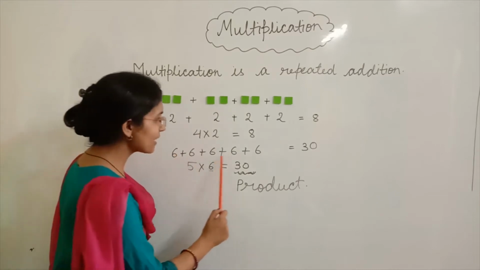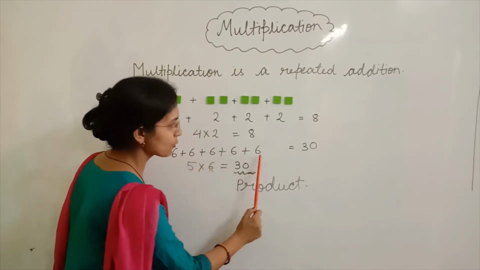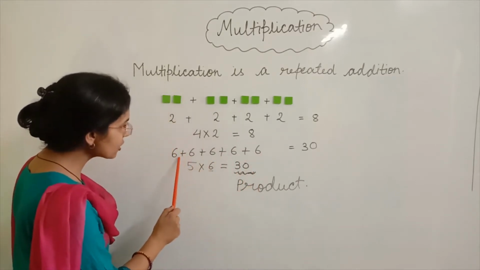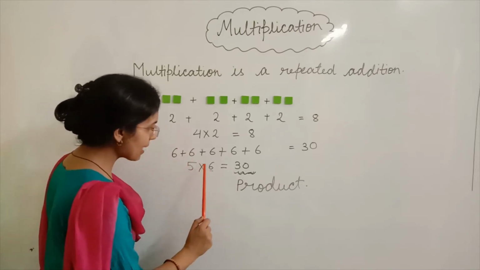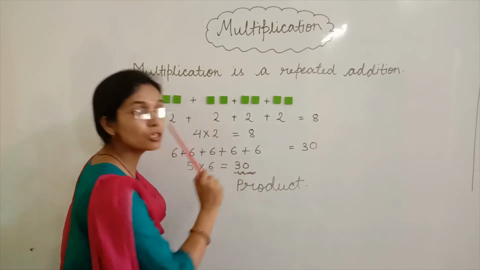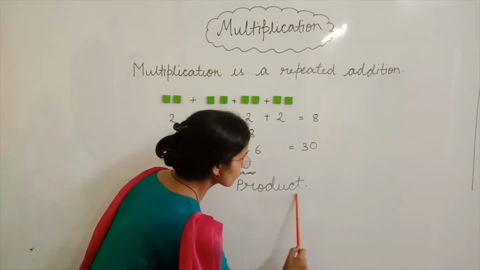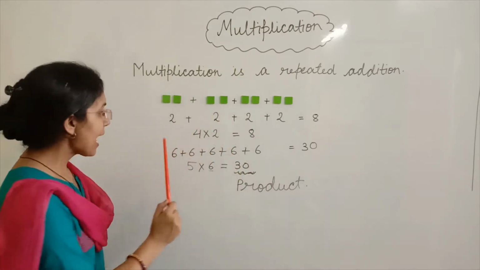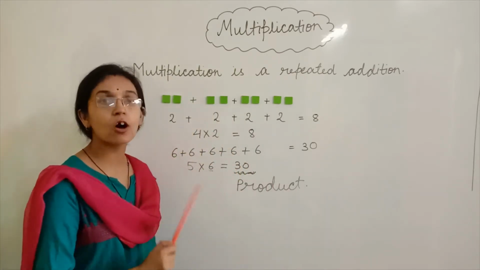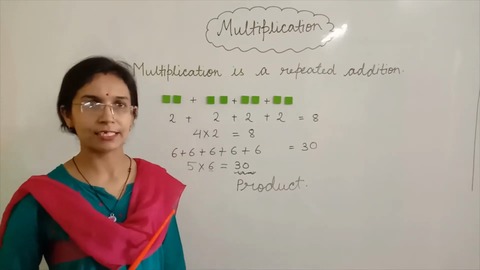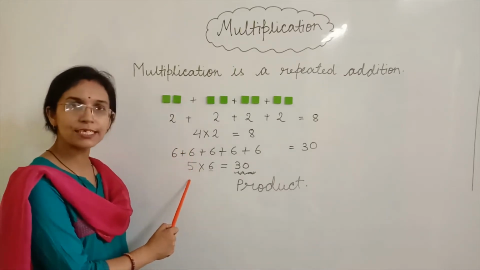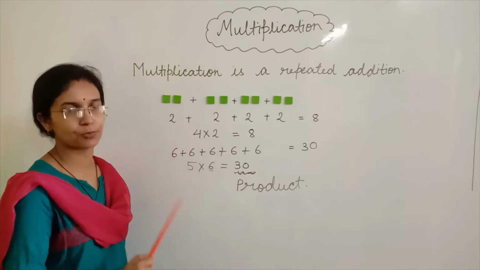How many groups are there? There are 5 groups. And what is the number in each group? 6. So 5 multiplied by 6 is equal to 30. This part is called product. And 5 and 6 are called factors of 30, children. This is the first factor of 30 and this is the second factor of 30.